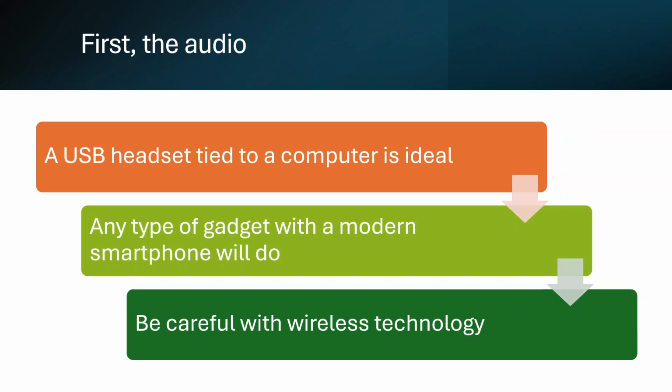Now, any type of gadget, which is a headphone microphone mix with a modern smartphone, will do. But you shouldn't use a wireless technology with a computer. It must be wired. Now, be careful with the wireless technology. Smartphones have less lag than their desktop counterparts.